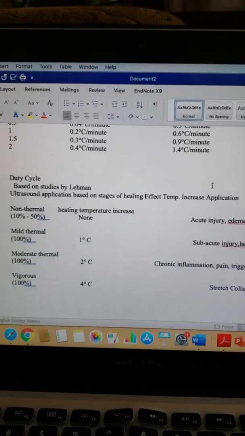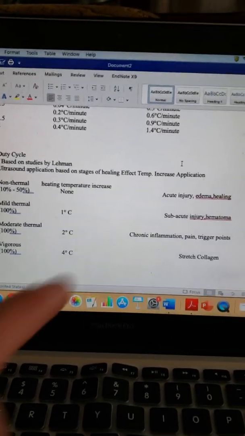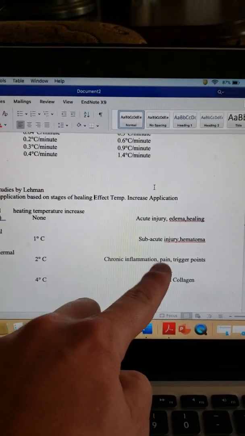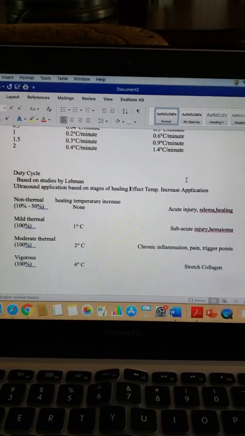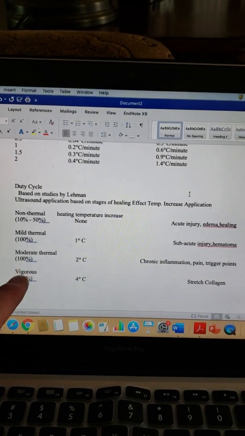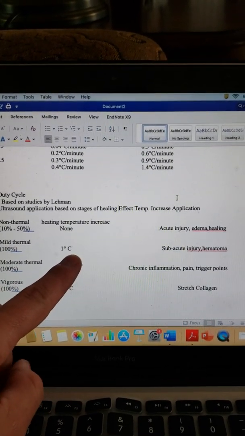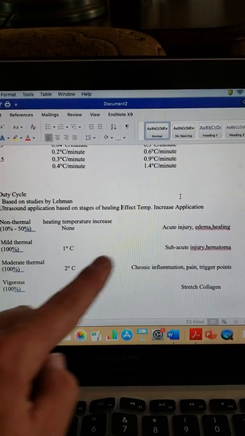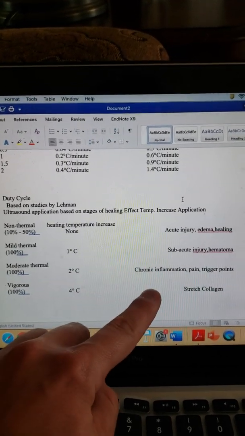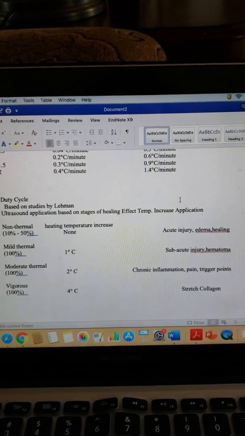And then this is a beautiful chart as well. Here are the rehab implications of why you would want to use the duty cycles over here on the left. Like I said, if we want to increase the tissue by 1 Celsius, this is for subacute injury, hematoma. 2 is for chronic inflammation, pain, trigger points, muscle spasms.